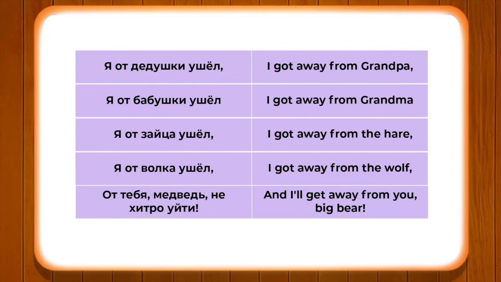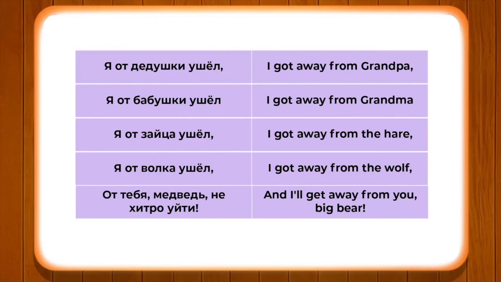And here you can see that the whole song is the same as we discussed earlier, like я по коробу скребен, по сусеку метен, на сметане мешен, да в масле прижжен, на окошке стужен, я от дедушки ушел, я от бабушки ушел. So he's telling his own story, how he was made and how he ran away from the grandfather and grandmother. Now he is adding the last incident, я от зайца ушел. If we simplify the sentence, я ушел от зайца.